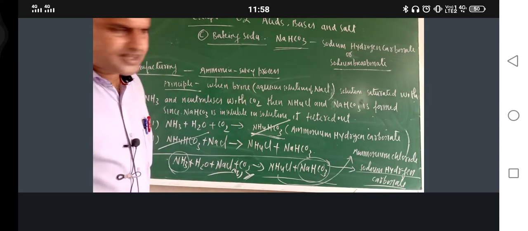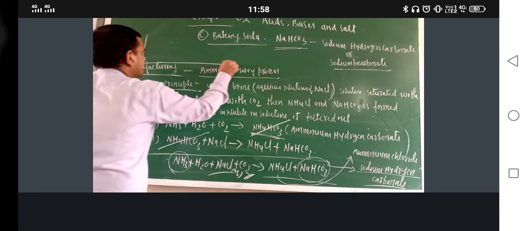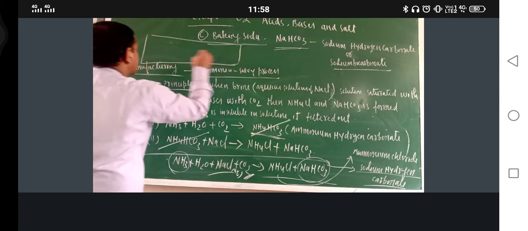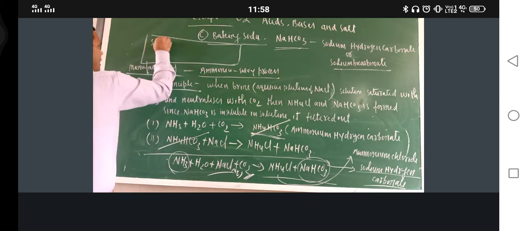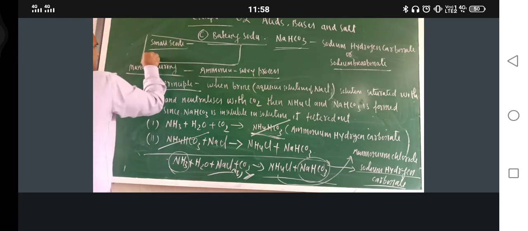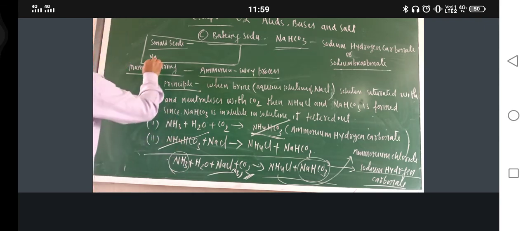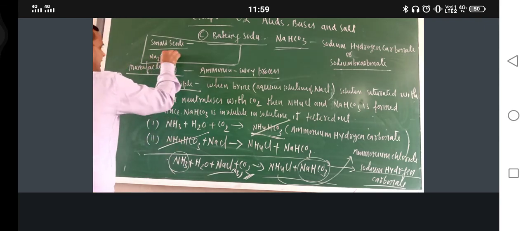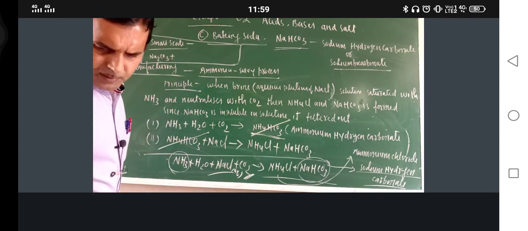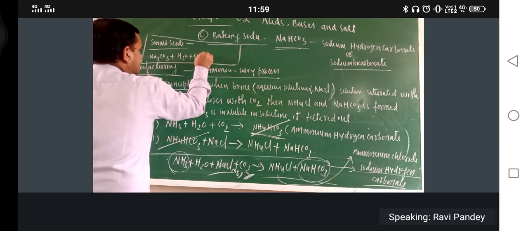Okay. Now just see, if you want to prepare it on a small scale, here I am writing small scale. So on the small scale, what is there? Na2CO3 plus H2O plus CO2.